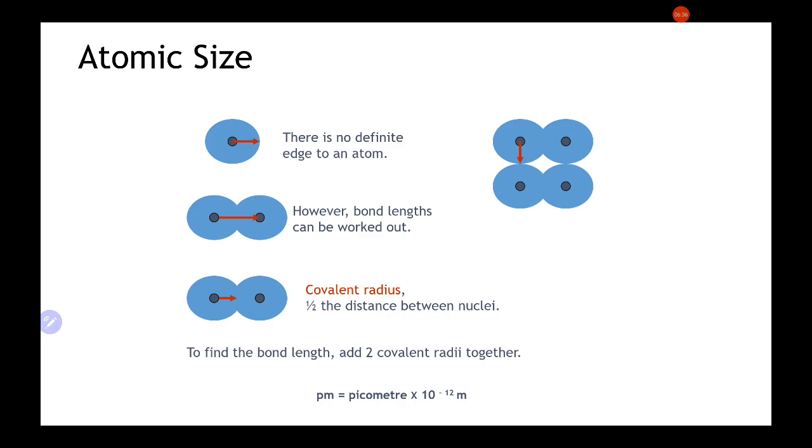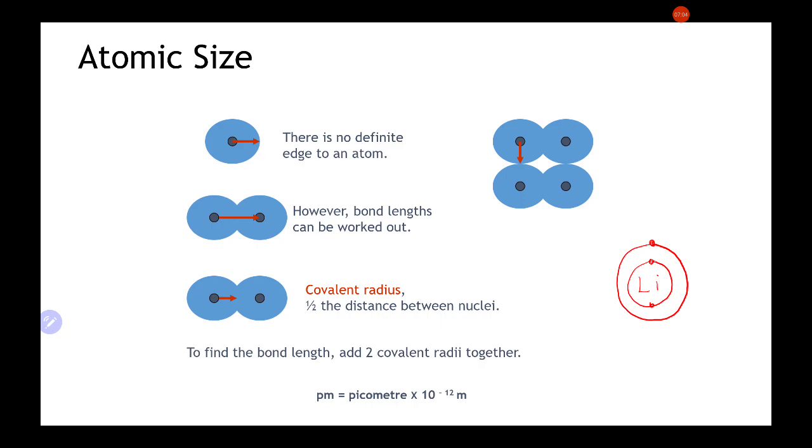What you need to recognise at this stage is that atoms don't actually have definite endings or edges. Up until this point, you would be drawing, for example, the electron arrangement of lithium, which is 2, 1, and you would draw your electrons in, but that is not a definitive edge of your atom.